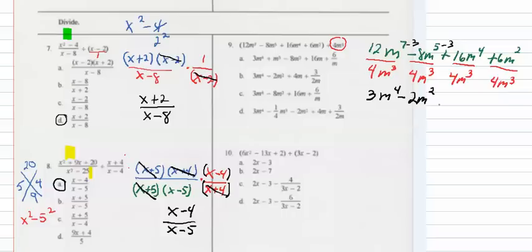How many times will 4 go into 16? 4 times. And then subtract exponents. M to the 1st. And then 6 and 4, I can simplify that to 3 over 2.